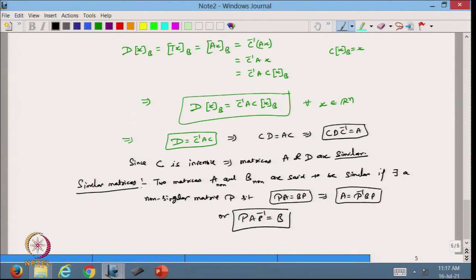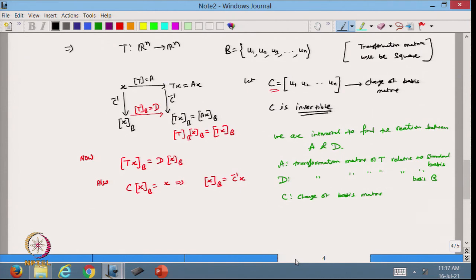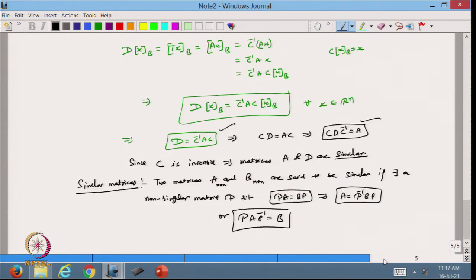So, now I can say that the matrices A and D are similar, where the matrix A is the transformation matrix corresponding to the standard basis, and D is the transformation matrix corresponding to the new basis. So, that is the relation between these two matrices.